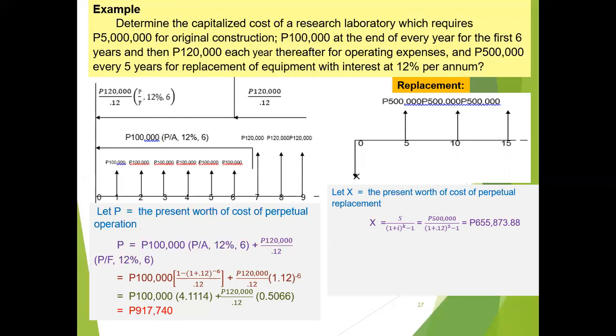So for our capitalized cost, you have first cost plus perpetual operation plus the perpetual replacement, which is equal to 5 million, which is our initial investment, plus 917,740, which is the perpetual operation, plus the perpetual replacement, which is 655,873.88 pesos.